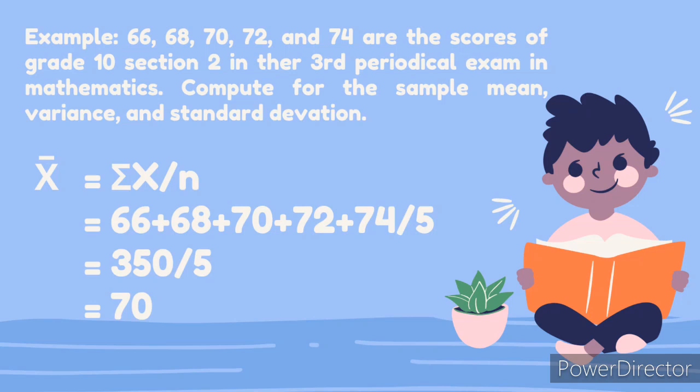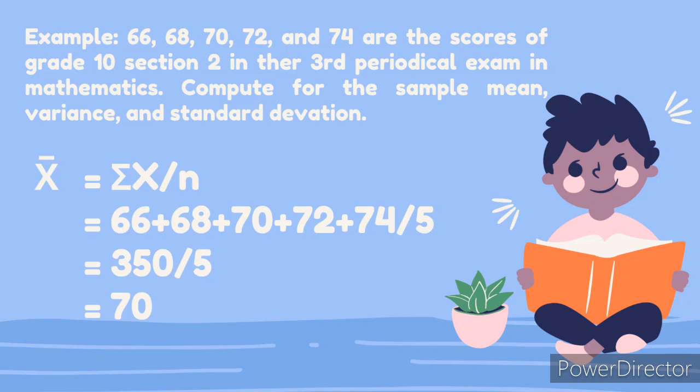Here are the samples that I picked from the population for the example. Example, 66, 68, 70, 72, and 74 are the scores of grade 10 section 2 in their third periodical exam in mathematics. Compute for the sample mean, variance, and standard deviation.